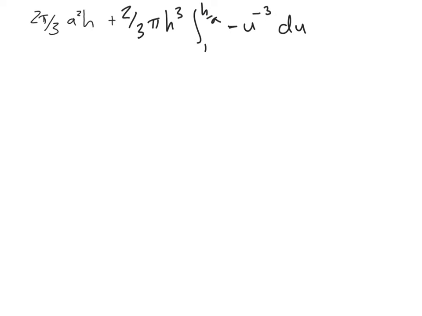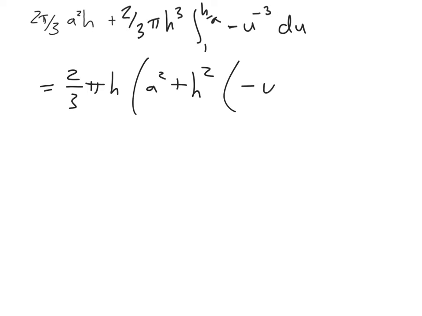Okay. So 2/3 pi h factors out times a squared plus h squared times our integral, and our integral is negative u to the -2 times -1/2 from 1 to h over a.